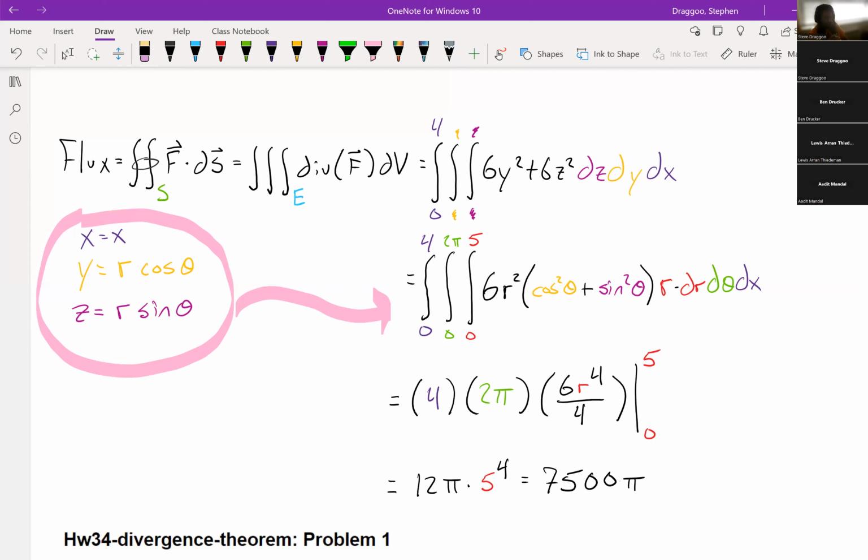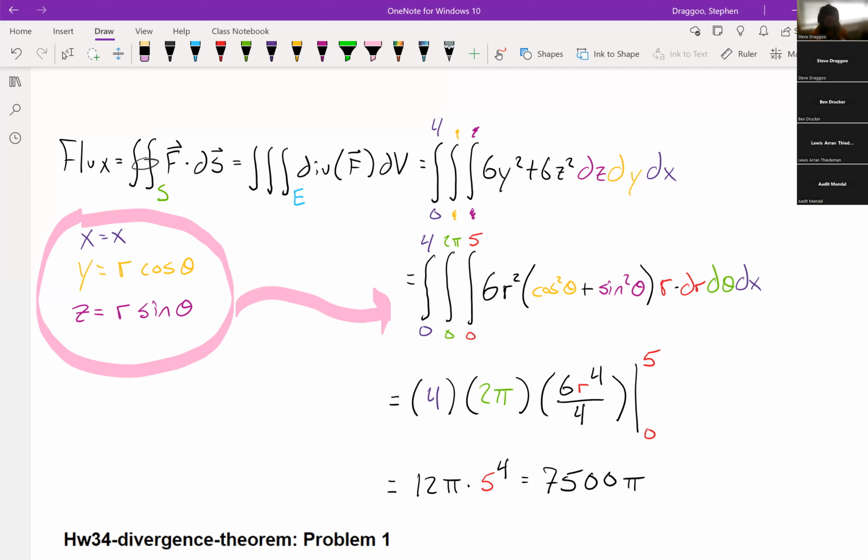I'll change y and z over to r cosine theta and r sine theta. It doesn't really matter which one I put where, but I went with just shifting everything down the order. So y is now r cosine theta, z is now r sine theta. Again, it shouldn't matter which one we pick because of the symmetry that this shape's got going on. That's why we wanted to do cylindrical coordinates, specifically because of the symmetry.